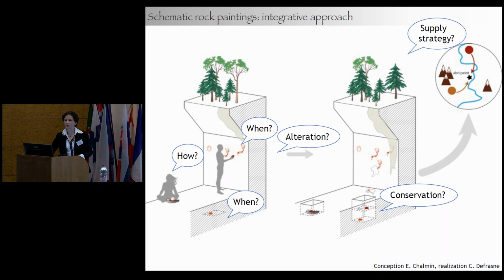Because we can't have access to absolute dating, we need to cross a maximum of information to be able to create the chronology of this large corpus. We also address the question of alteration, conservation, and we want to understand what the supply strategy was for the coloring material.